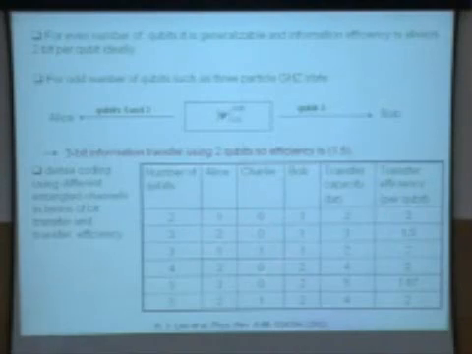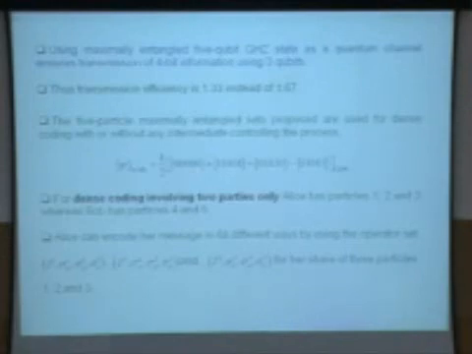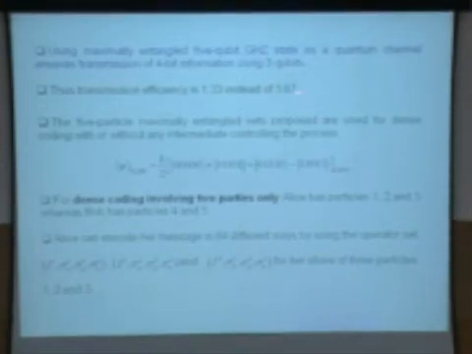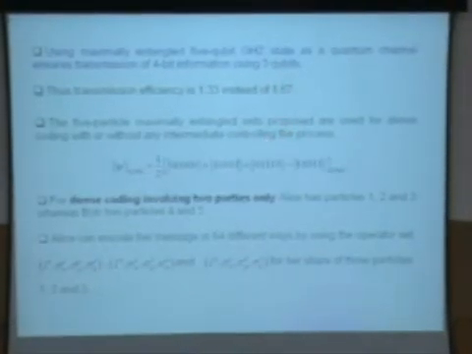The table summarizes the transfer efficiency in case of controlled as well as direct process. 5-particle ZZ states or 5-particle W state have been used for quantum dense coding, and it was found that 4 bits of information could be transferred using 3 qubits. So here the information efficiency is 1.33 instead of 1.67, which could be the case if we are using an odd number of particles.